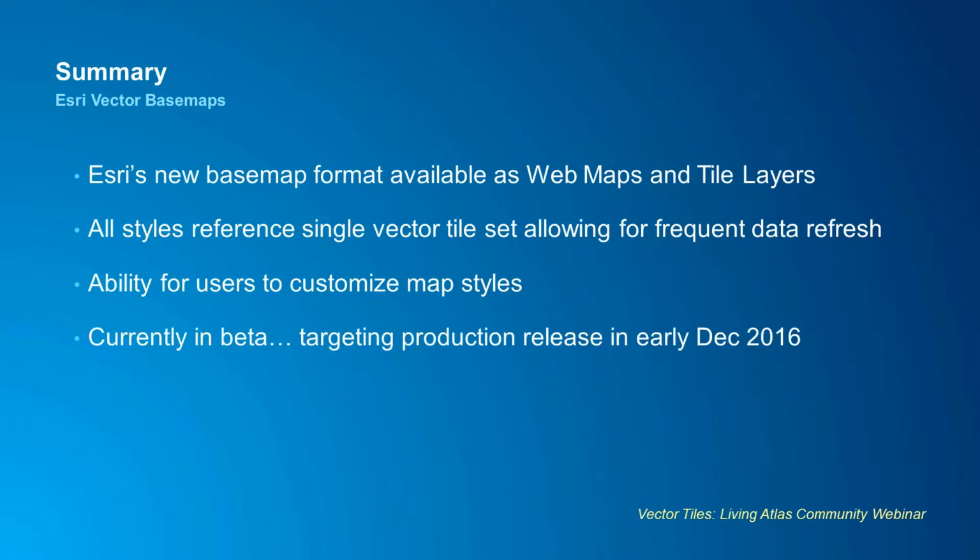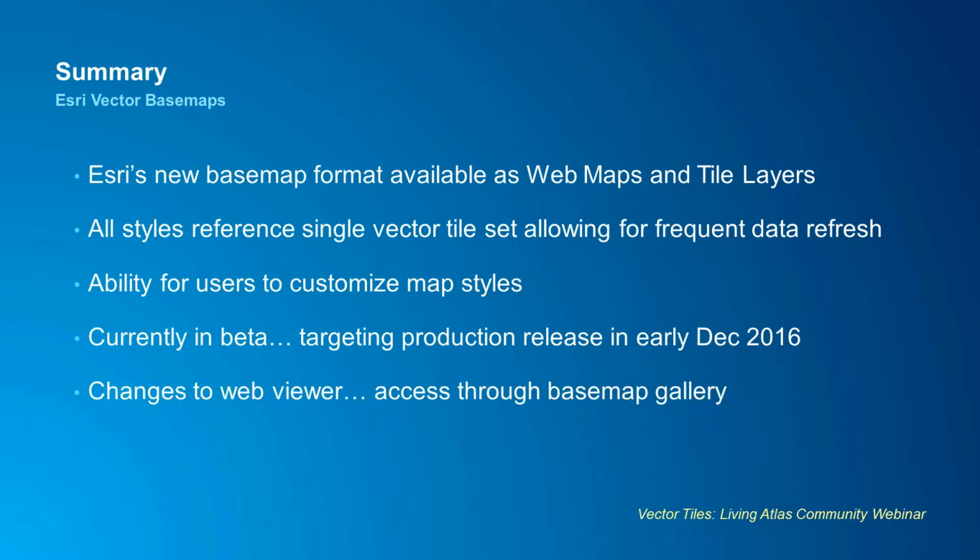And while we are currently in beta, we're targeting a production release in early December of 2016. And with our December online update, there'll be a change to the web viewer where you will be able to access the vector basemaps through the basemap gallery.